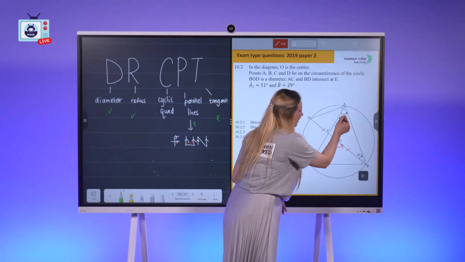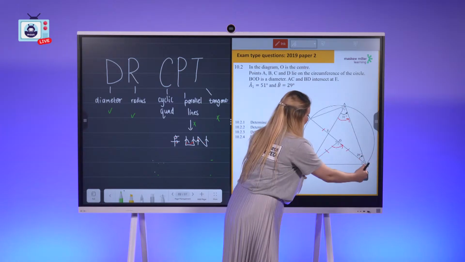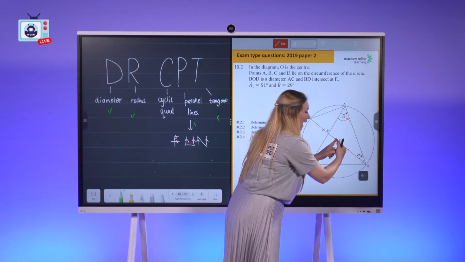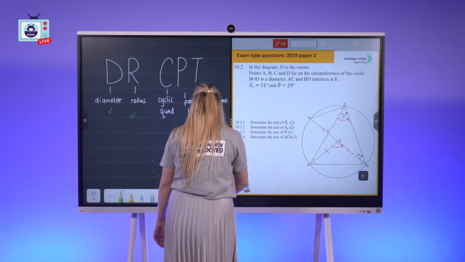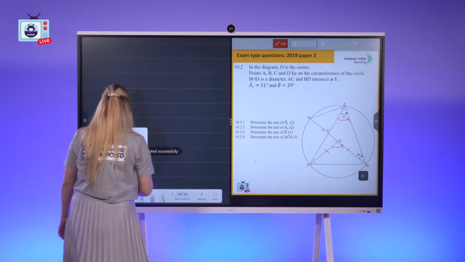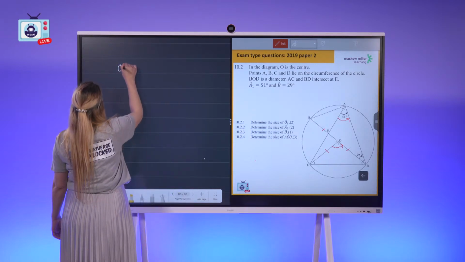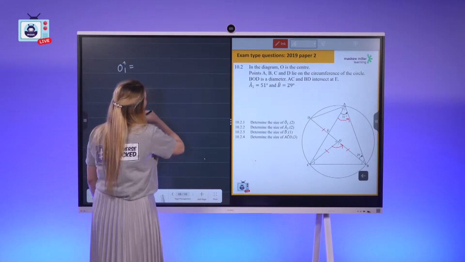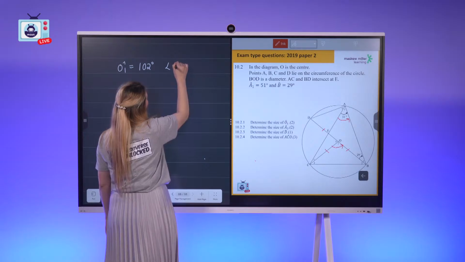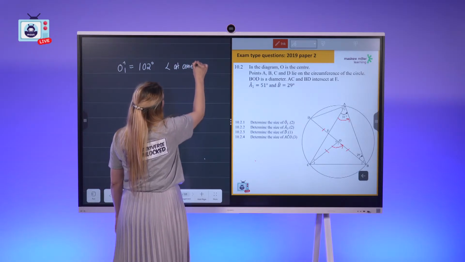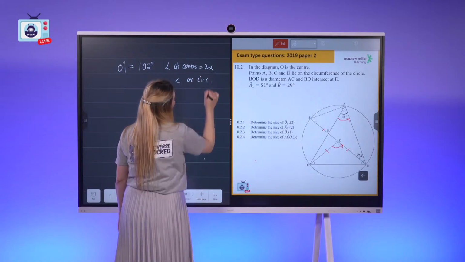So if this is the angle at the circumference subtended by CB, and O1 is also subtended by CB at the center, it means this one is double the one at the circumference. So O1 is equal to 2 times A1, which is 2 times 51, that's 102 degrees. And your reason is angle at center equals 2 times angle at circumference.